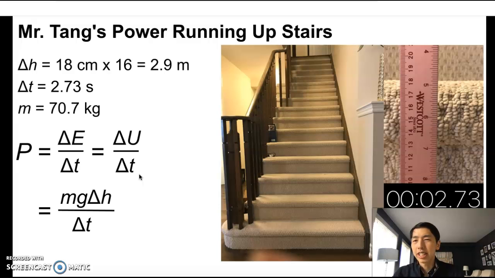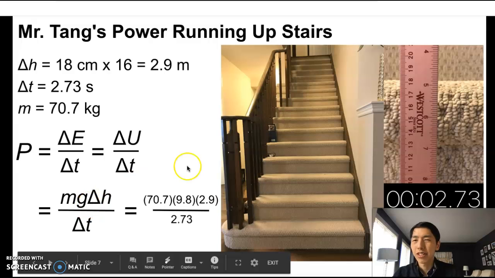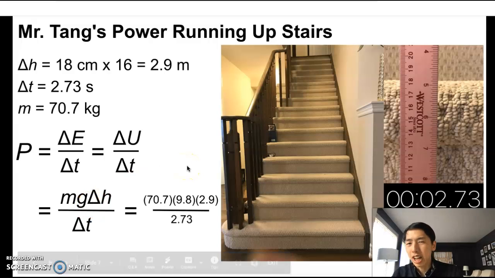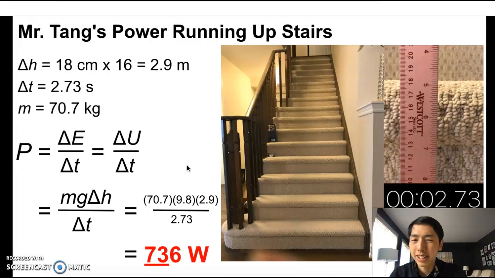And to calculate gravitational potential energy, it's mgh. It's a delta H here because I'm calculating my change in gravitational potential energy. And I just filled in the values that I measured. I calculated all that out in the calculator, and it turned out to be 736 watts, but that needs to be in 2 sig figs, so I just underlined the 2 sig figs there.